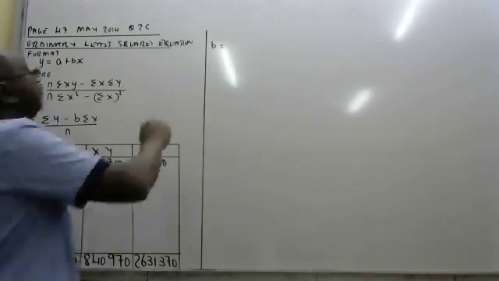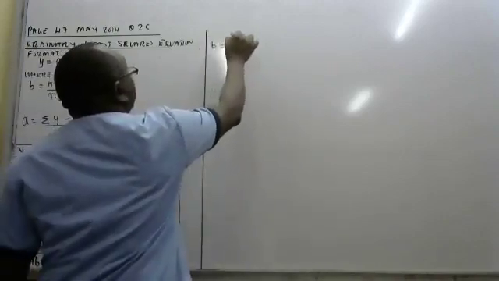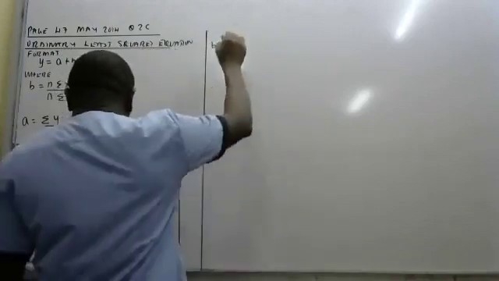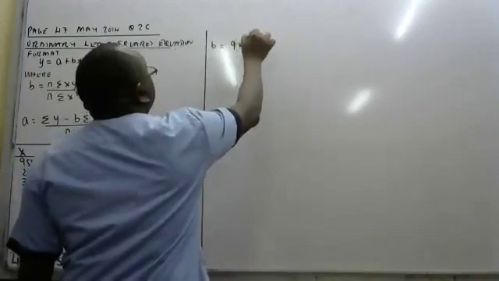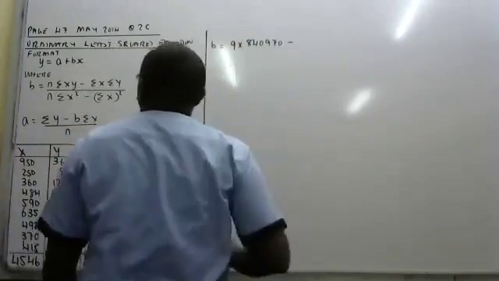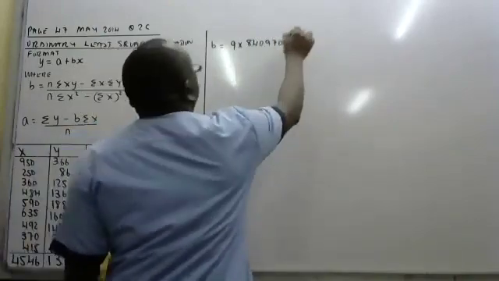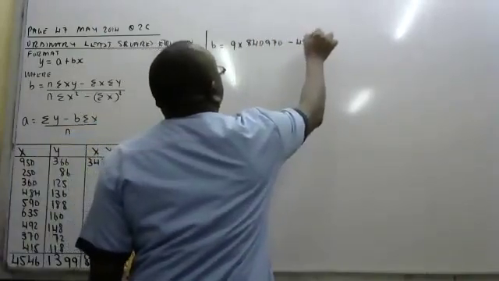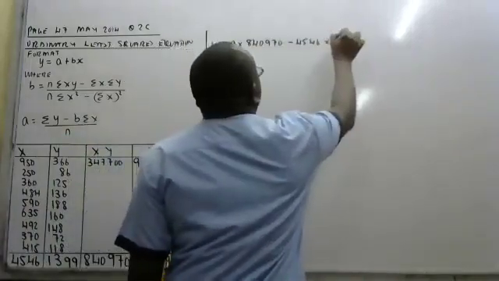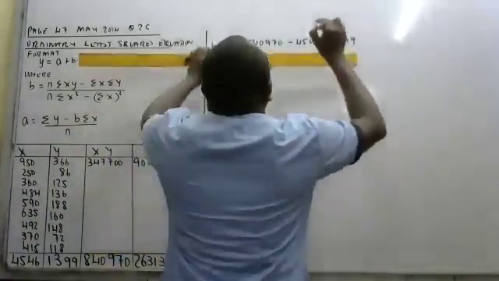So there are 9. So it is 9 times sum of xy, which is 849,970, minus sum of x, which is 4546, multiplied by sum of y, 1399.